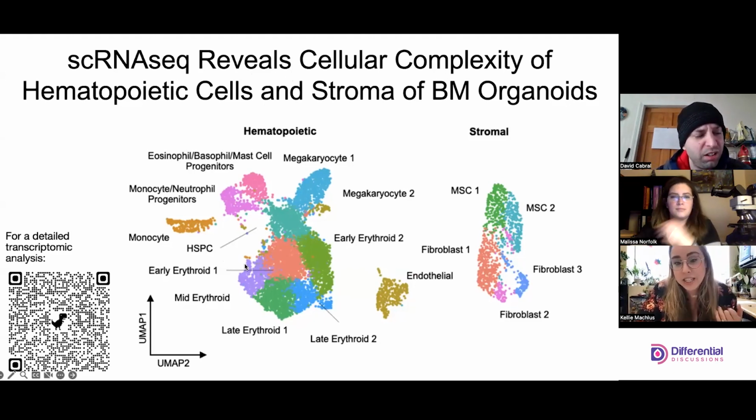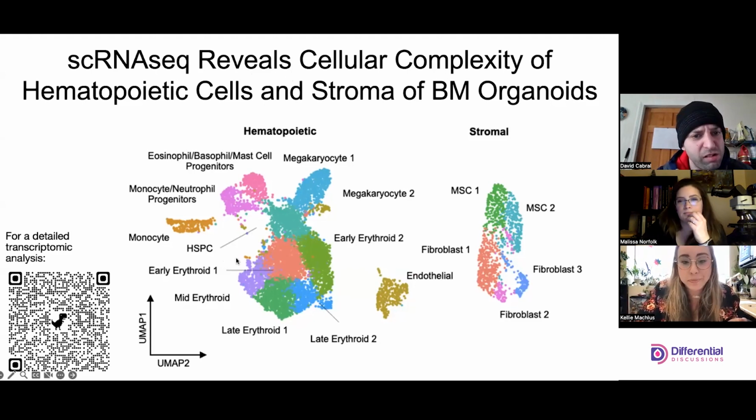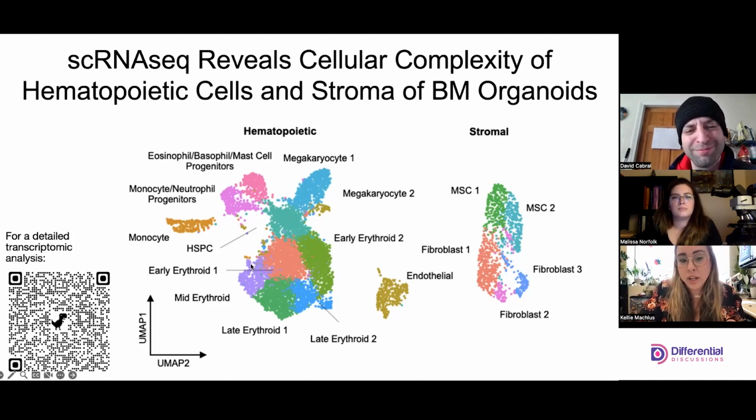So basically, this is single cell sequencing, and what you do is you get the transcriptome of every cell, and then you cluster together like cells and see how the populations cluster. This then predicts what kind of cells you have in the organoid.